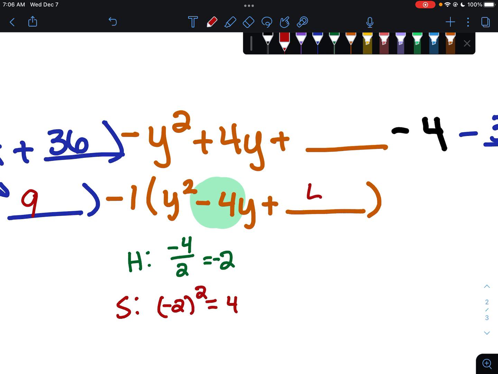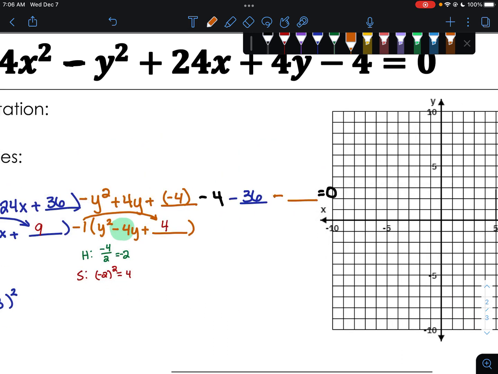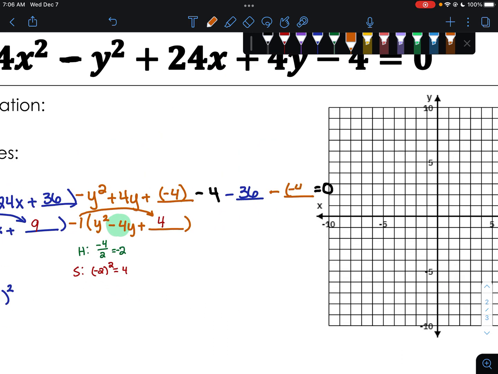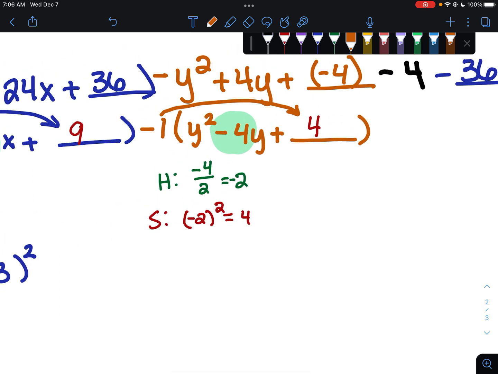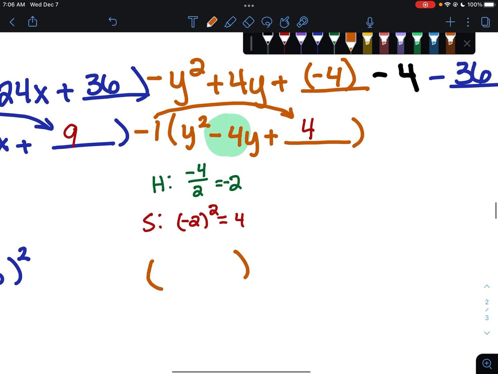So a 4 goes here, but I have to remember to multiply it by that -1, which makes this a -4. So that means a -4 is going right here. So then I have to do my shortcut. So I have parentheses squared. I have that GCF of -1 out in front, and I have my variable and my half term.